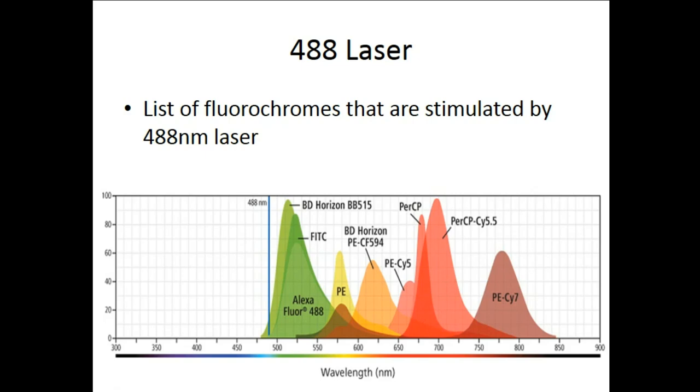Whereas, for instance, PECY5 here spills in or interferes with PERCP. So when you're going to pick your fluorochromes, you want to make the colors as different and separate as possible. If you pick 2 colors that are similar, there's a chance the flow cytometer won't be able to distinguish between the 2 targets.